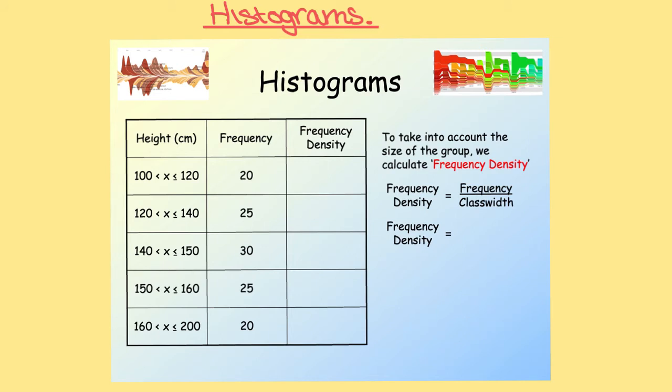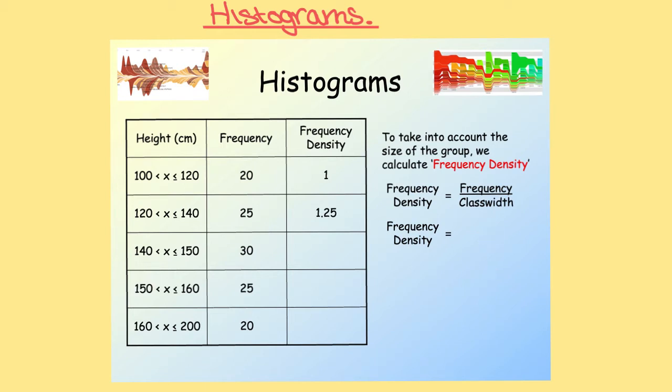So the frequency density for the first group is 20 divided by 20, which equals 1. The frequency density for the second group is equal to 25 divided by the class width of 20, which comes to 1.25.